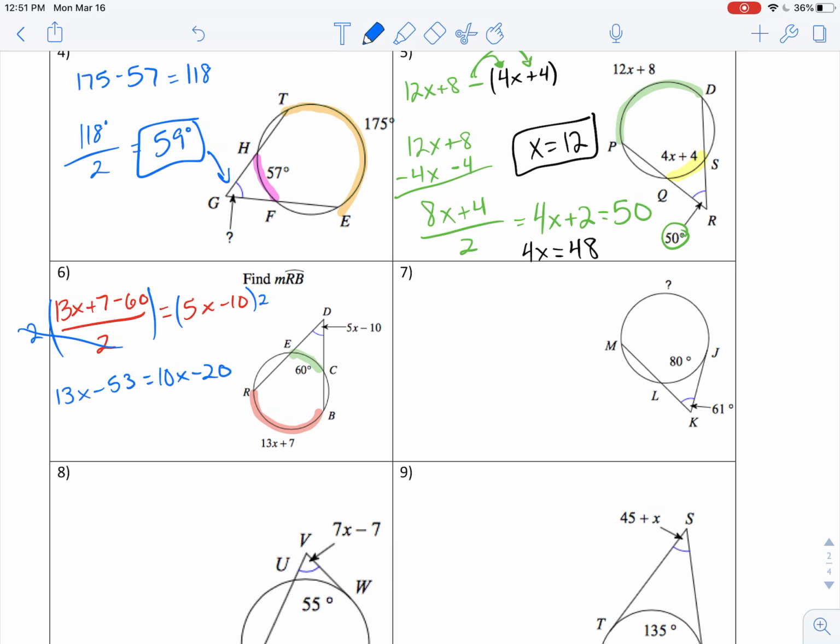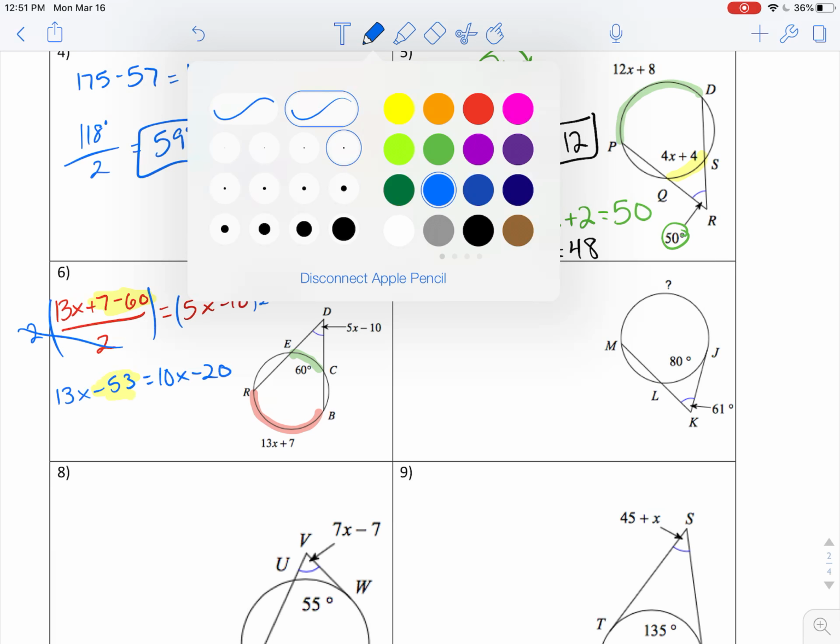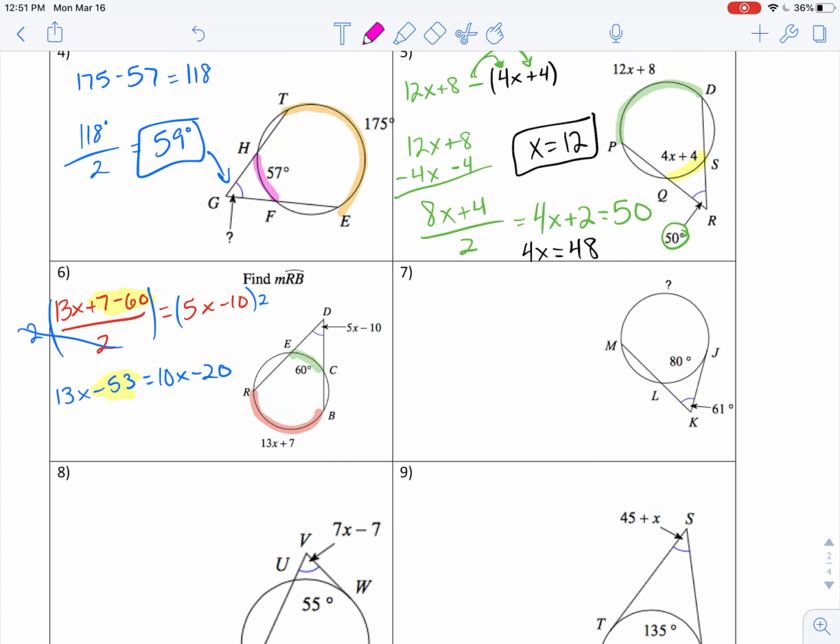So I combined my like terms here into this negative 53. And let me do this in pink for our last step. Our last 2 steps.